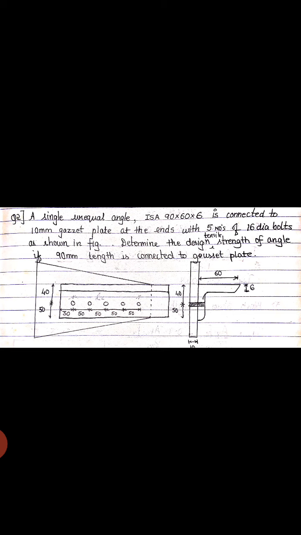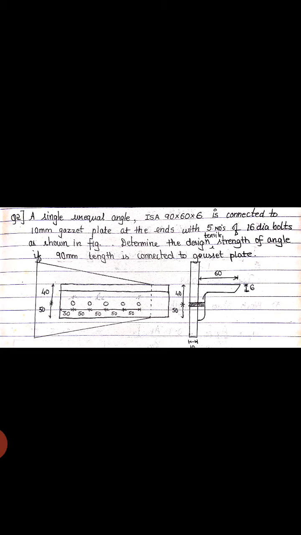If an angle section is used as a tension member, what will be its strength in tension, that is, how much tensile force can it carry, again with respect to the categories. I'll read out the statement.